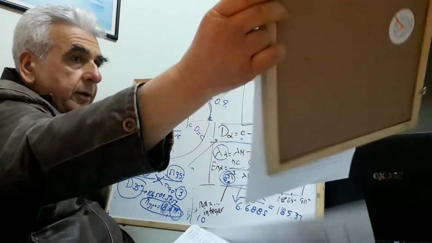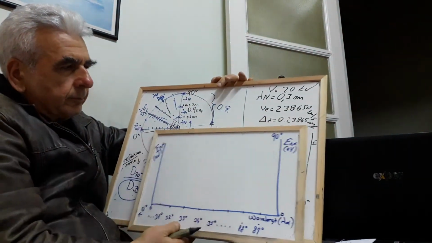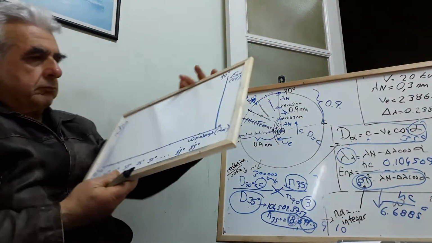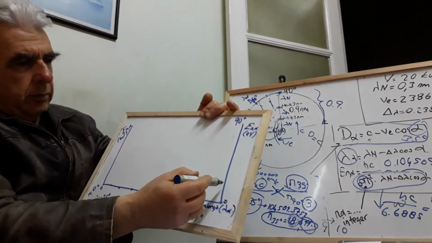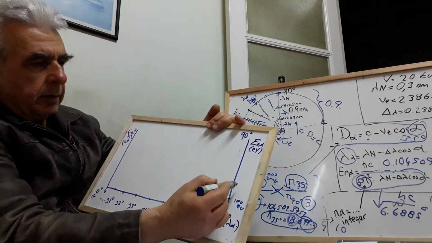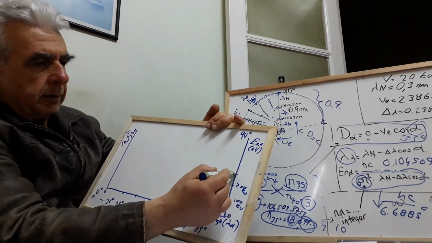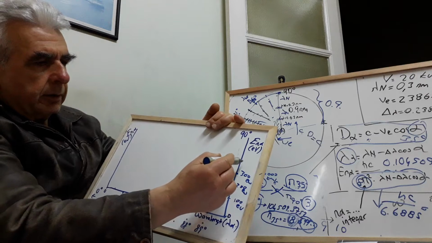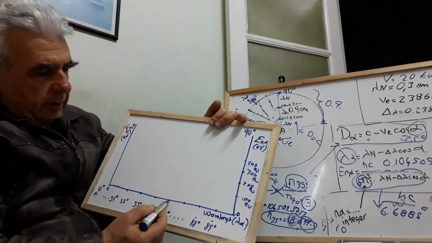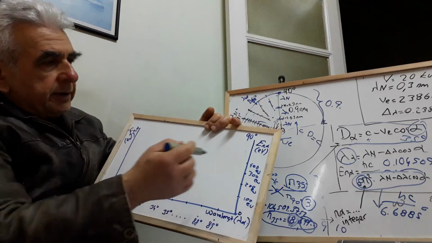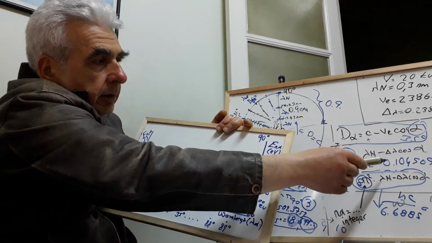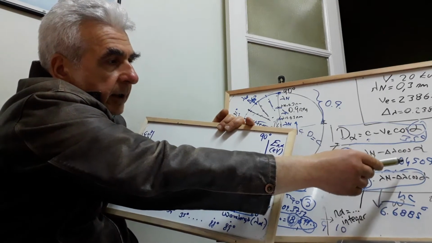Here, say 100 eV, 200 eV, 300 eV, 400 eV, okay. At 35 degrees, what is the wavelength? Wavelength is 0.10459.